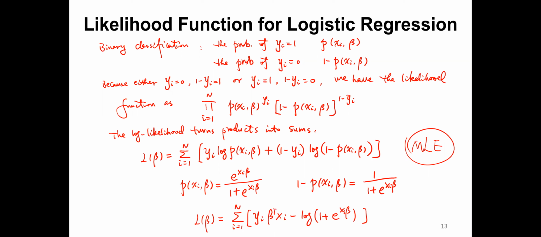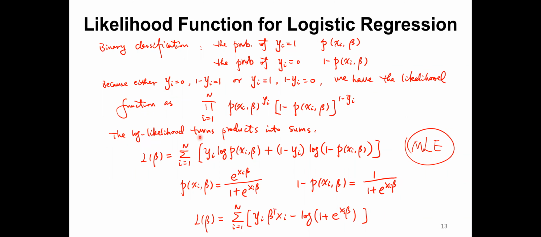If yi equals 1, then 1 minus yi is 0, so this part will be 1. So this is the likelihood. If yi equals 0, this part is 1, and then you get 1 minus p. So this is the likelihood. Okay. So you want to maximize the likelihood. This is called MLE, maximum likelihood estimation.